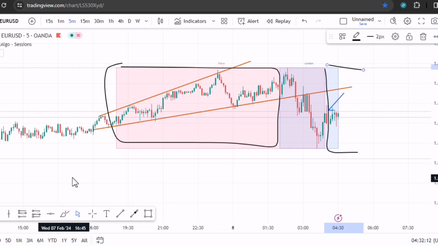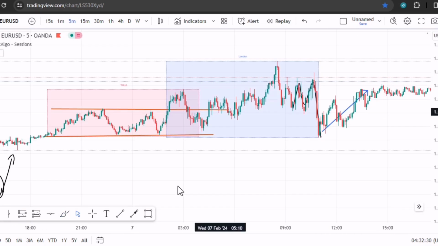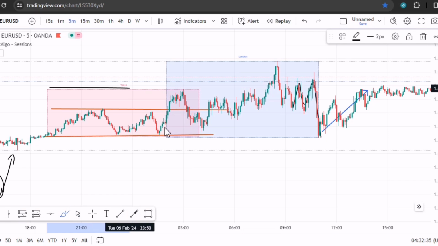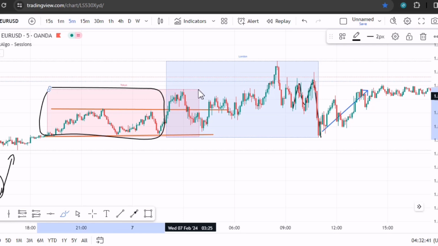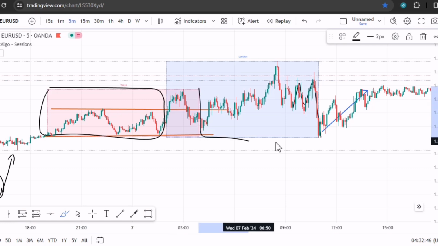Okay, let me just scroll back so that I give you a clearer example. Okay, let's use this example. You are going to be doing your analysis in this portion. Okay, in this portion, and then you are going to be placing your trades only in this portion.